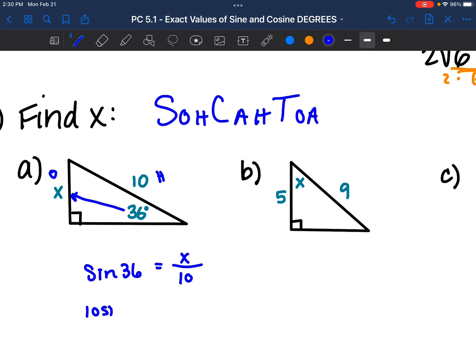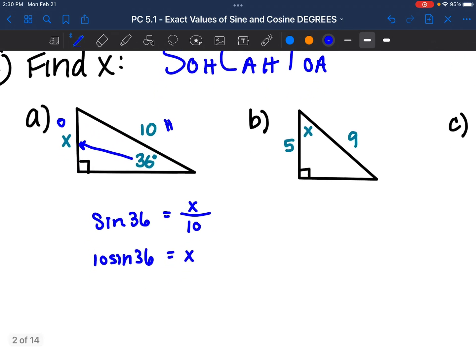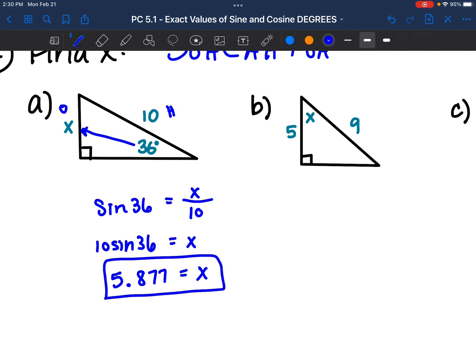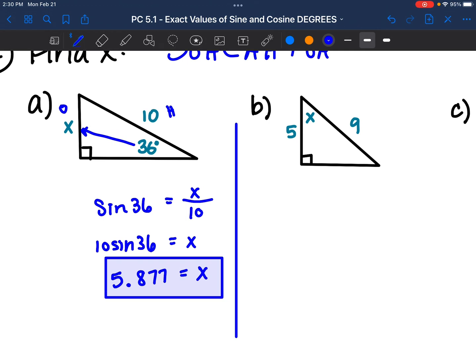Multiply by 10, so we have 10 times the sine of 36. Plug that into our calculator, and remember now in pre-calculus we have to have accuracy to 3 decimal places, either truncated or rounded. Okay, so that should be A.